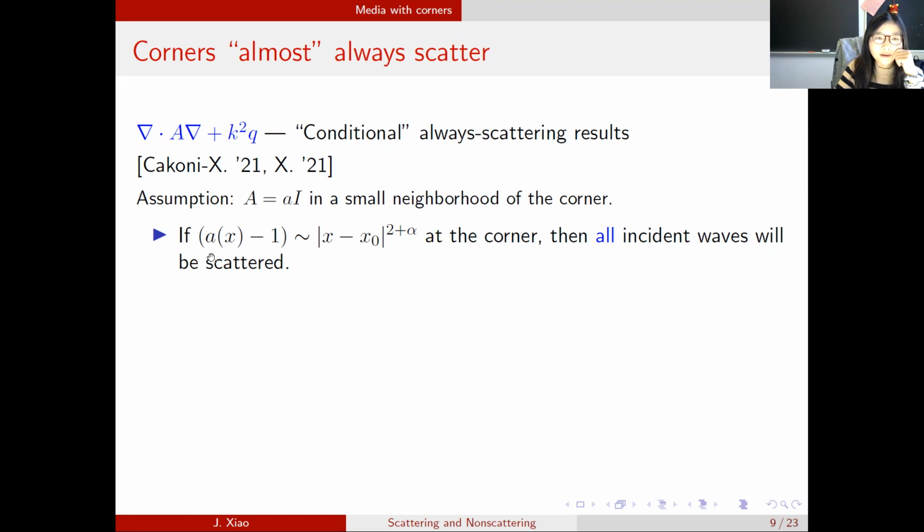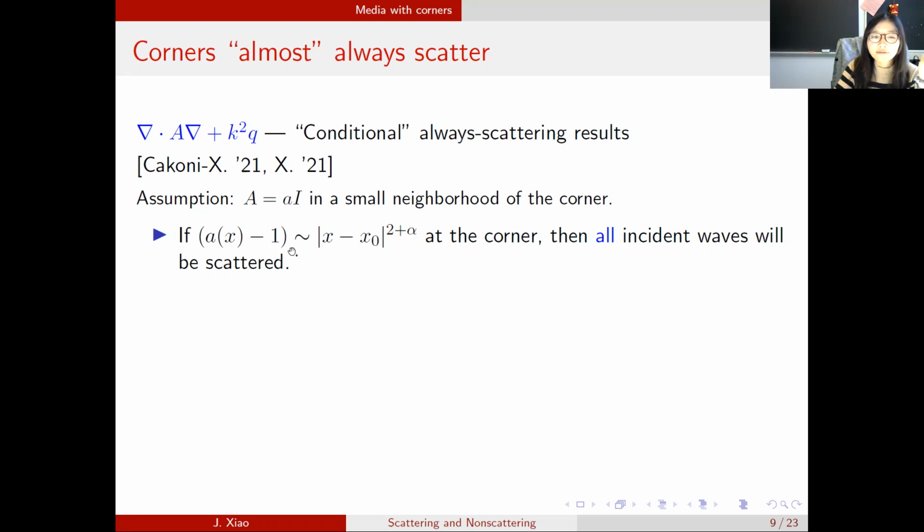So the first result is this. Recall that A is 1 outside the medium. We can roughly read this as A being smooth enough, but it doesn't have to be really smooth, as long as the contrast with respect to the background decays to the second order plus a little bit.